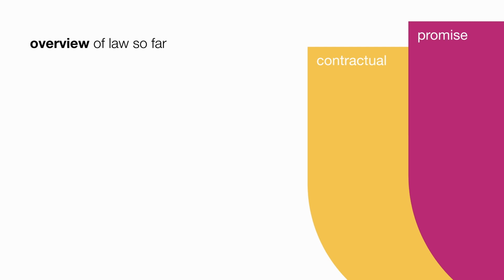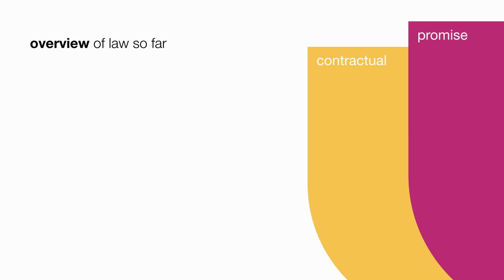We said instead we have to distinguish between contractual promises, which as a general matter are legally enforceable, and gratuitous promises, which are as a general rule not legally enforceable.